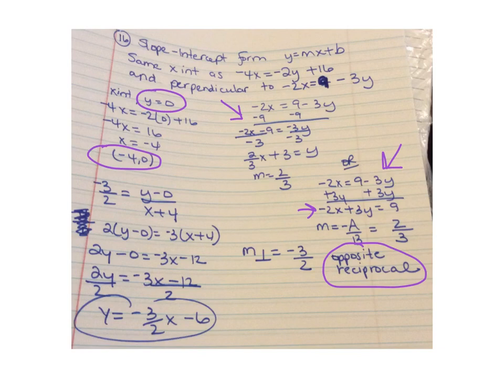So I took my new slope, negative 3/2, and my new point, negative 4, 0, and plugged it into the slope formula. Negative 3/2 equals y minus 0 over x plus 4. I cross multiplied, and remember, you're going to slope-intercept form. So my final answer is y equals negative 3/2 x minus 6.